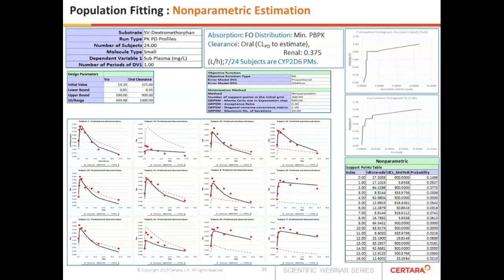So this is a typical output of a non-parametric estimation fitting exercise we have performed for data coming from two different subgroups.